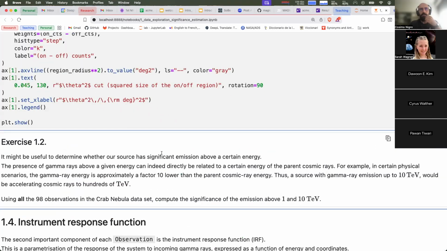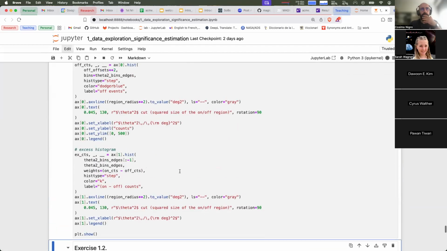Does anyone feel like sharing their solution or their plot? I mean, you can share your screen.